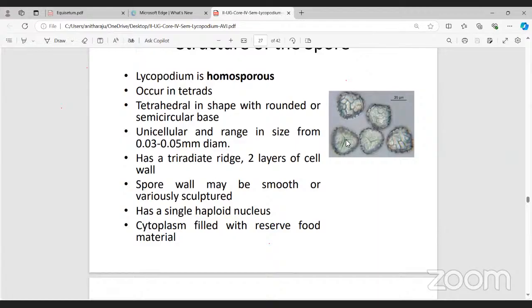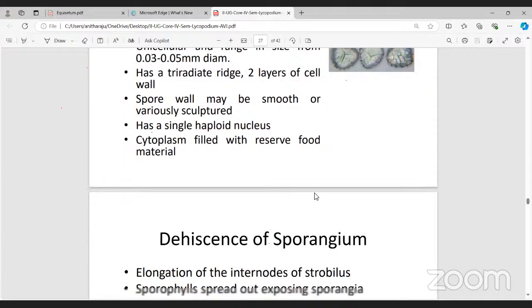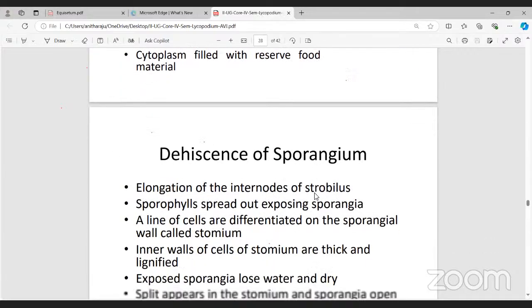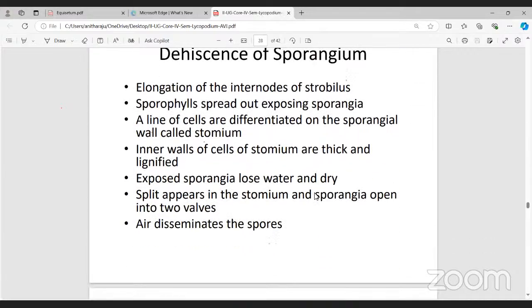You can see the triradiate ridges in the diagram. The wall is made of two layers, with a smooth or variously sculptured outline, and a haploid nucleus. That means these spores are haploid. The cytoplasm is filled with reserve food material, which is utilized for germination. How are they liberated out? Dehiscence: elongation of the internodes of the strobilus, the sporophylls spread out, exposing the sporangia.